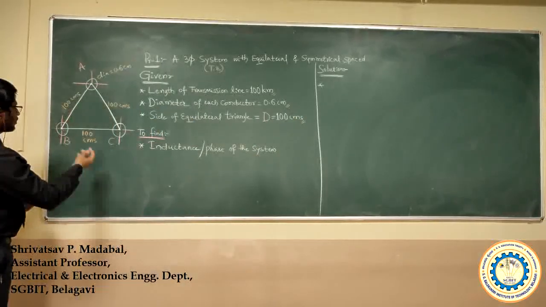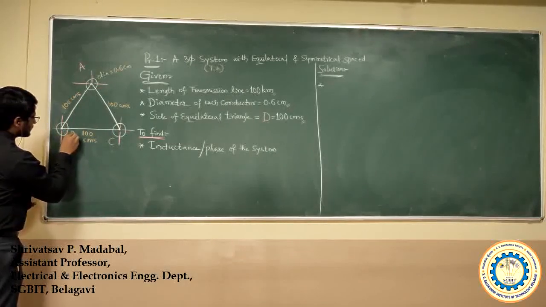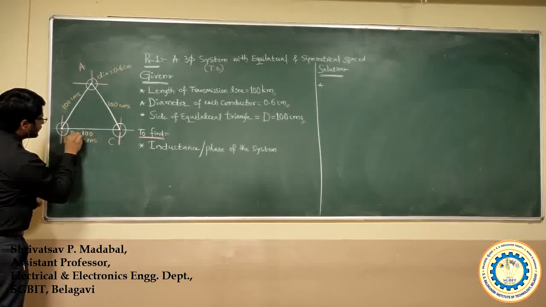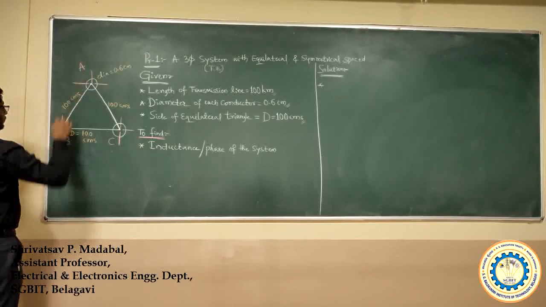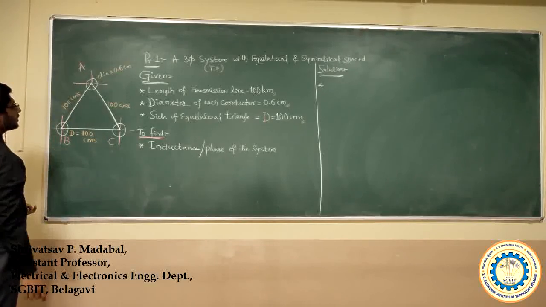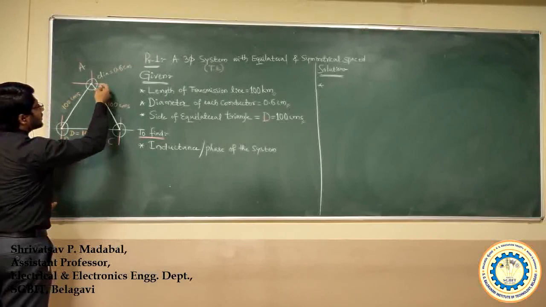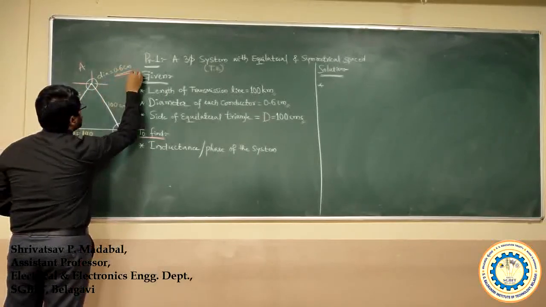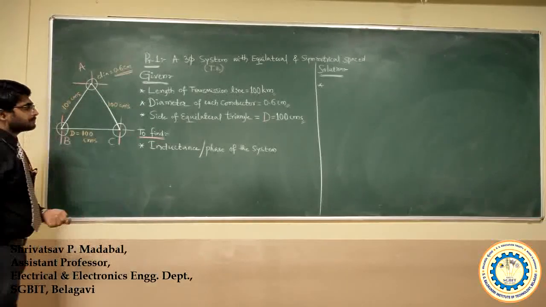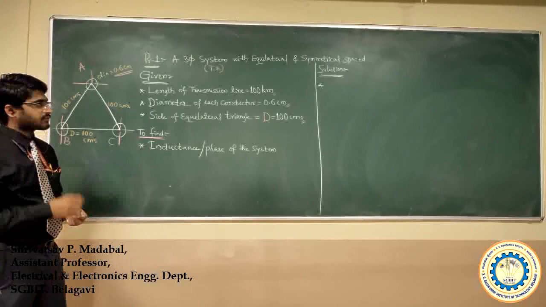From the figure you can notice the distance between two conductors, which as per our derivation is denoted by d. Let A, B, C be the conductors, and the diameter of each conductor is 0.6 centimeters. He has asked to find the value of inductance per phase of the system.